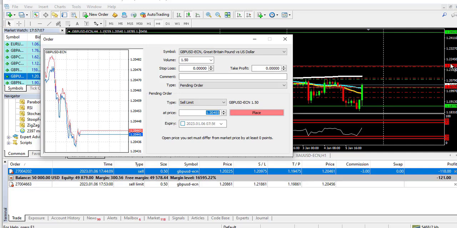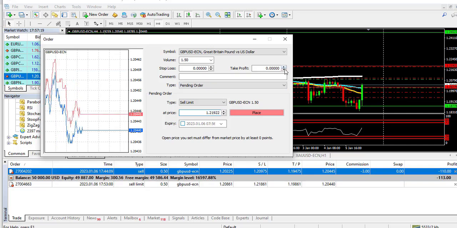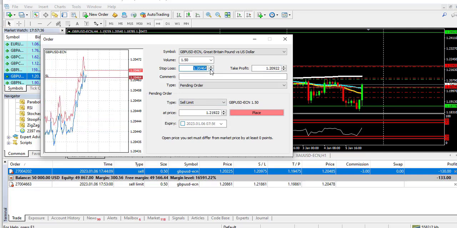So what I'll do here, I'll set my position here at 1.21922. Then my take profit, I will go for 100 pips. Take profit would be 1.20922, targeting 100 pips.